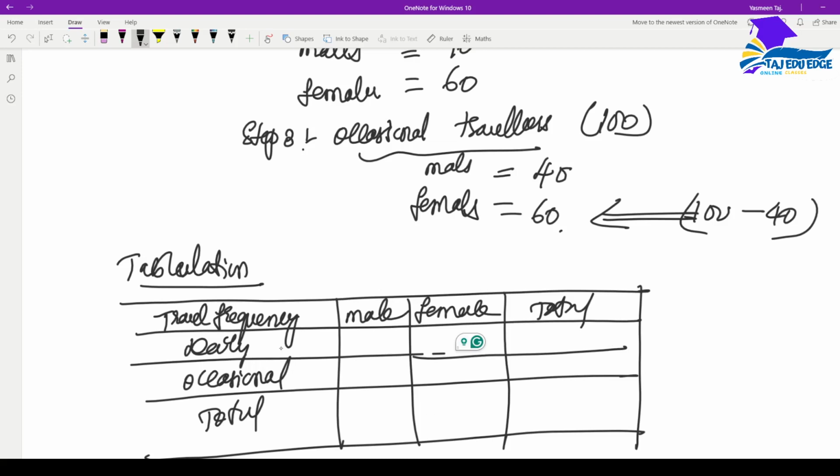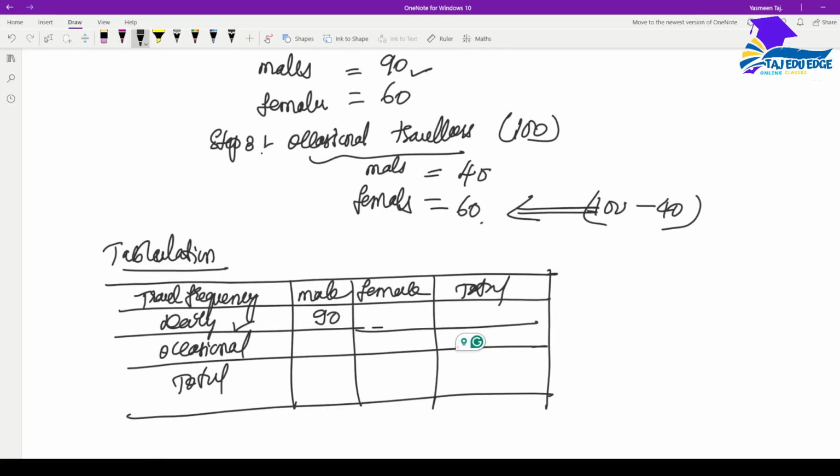Now, daily traveler male. How many daily traveler males are there? That is 90, as mentioned in the question. Next, daily traveler female, that is 60. Occasional traveler male 40, occasional traveler female 60. Now 90 plus 40 is 130. 60 plus 60 is 120.